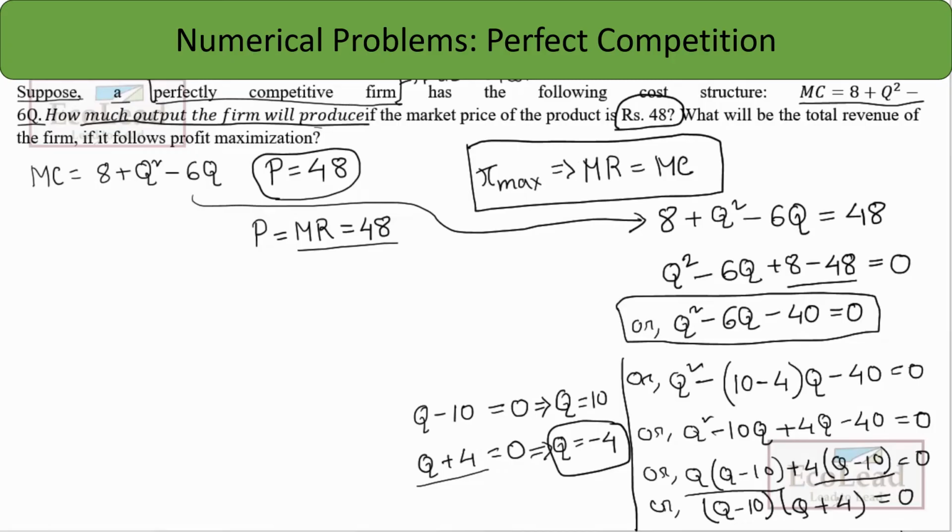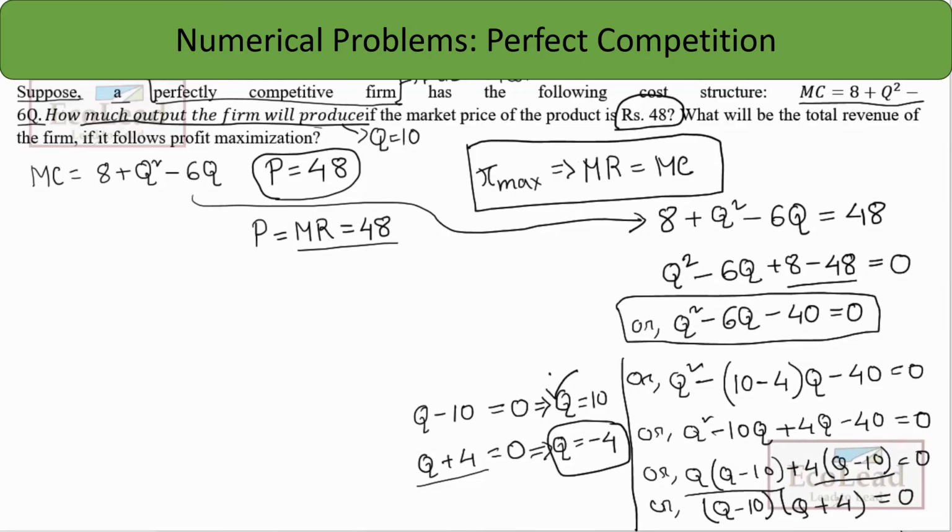So this q equal to 10 will be the amount of output that the firm is going to produce. So the first question we have solved, and the answer is q equal to 10. This will be the output that the firm will produce if the product price is 48.